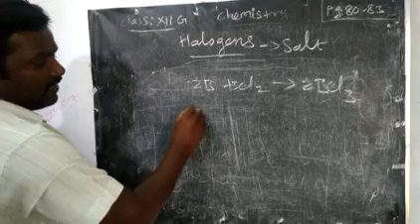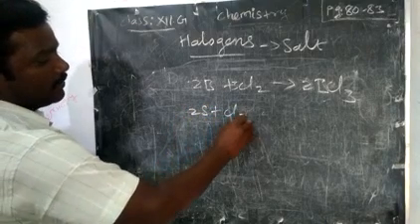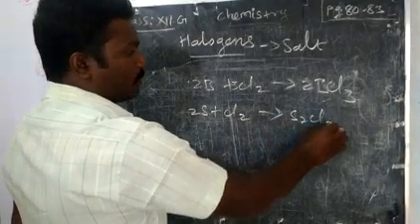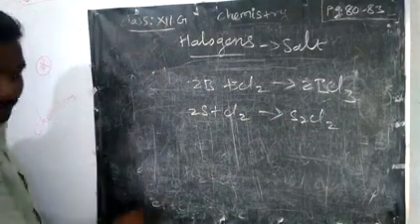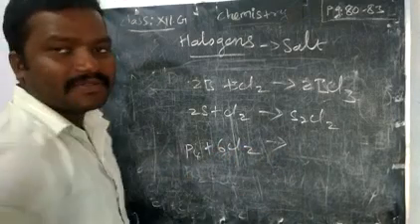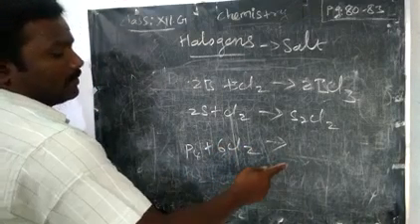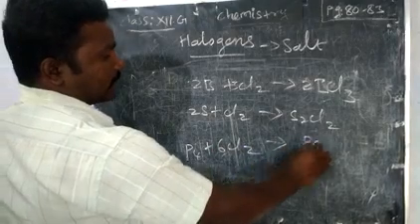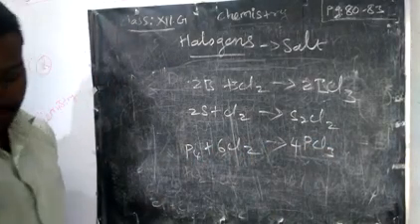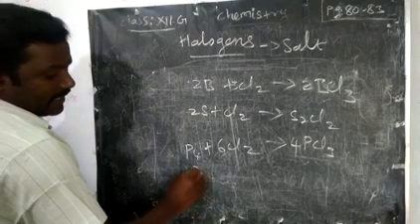Then react with sulfur. S plus Cl2. What will happen? S2Cl2. Then phosphorus. P4 plus 6 Cl2. This we have already seen in the same lesson. It will produce phosphorus trihalide. Next, with arsenic.